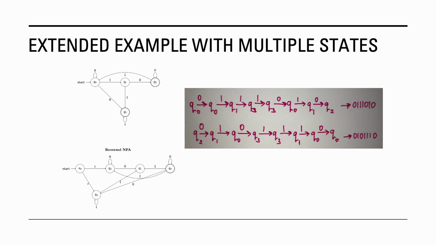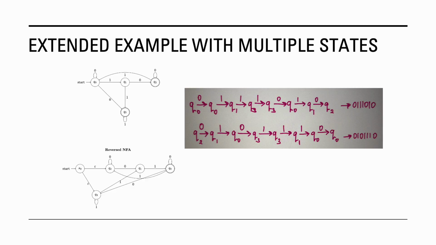In the extended example, we used two accepting states, which are Q2 and Q3, and as an example we used 0, 1, 1, 1, 0, 1, 0 as the string to show that the reverse would also be a regular language. The path followed by the DFA was Q0, Q0, Q1, Q3, Q3, Q0, Q1, Q2.